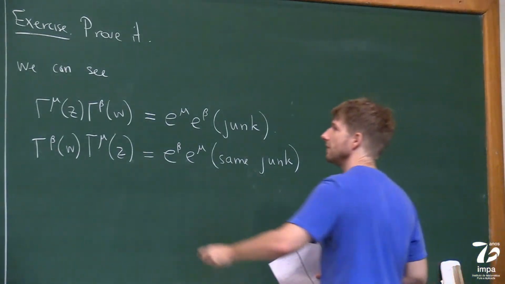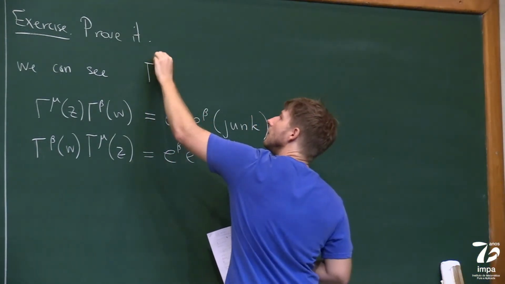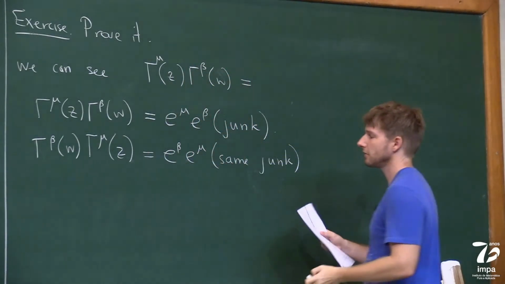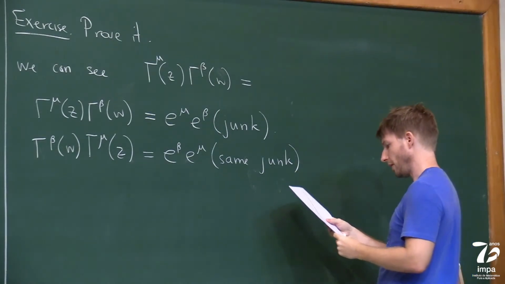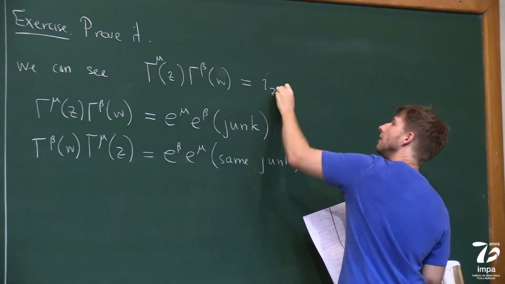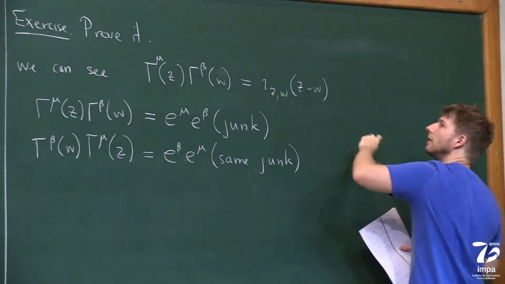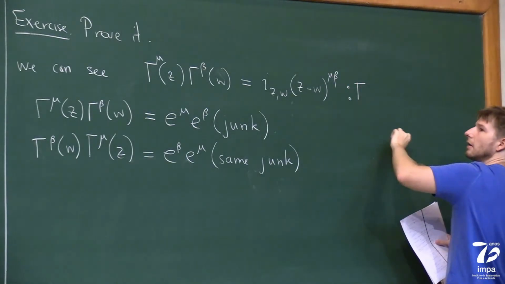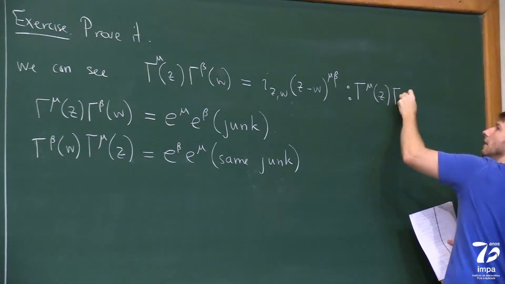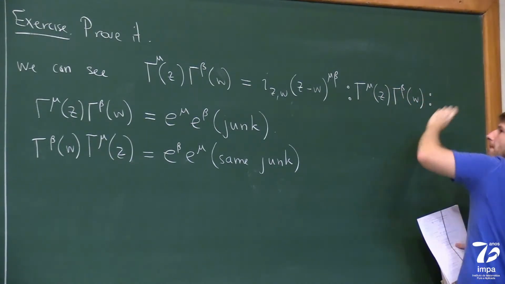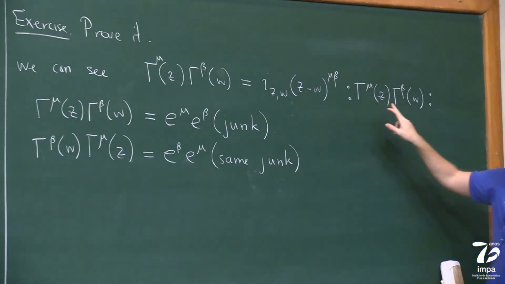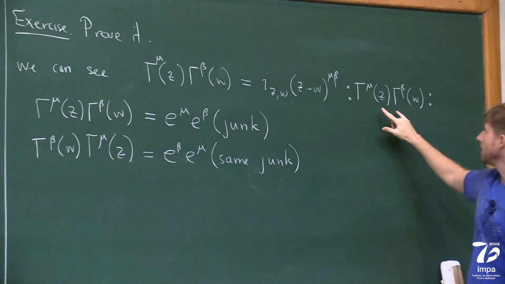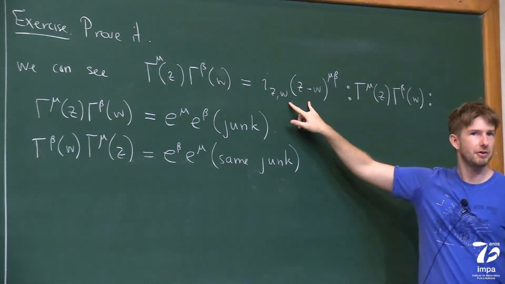I can be slightly more specific. We find this product is equal to this factor multiplied by the normally ordered product. And if we multiply in the other order, we get basically the same thing, the same normally ordered product with the other expansion of this term here.